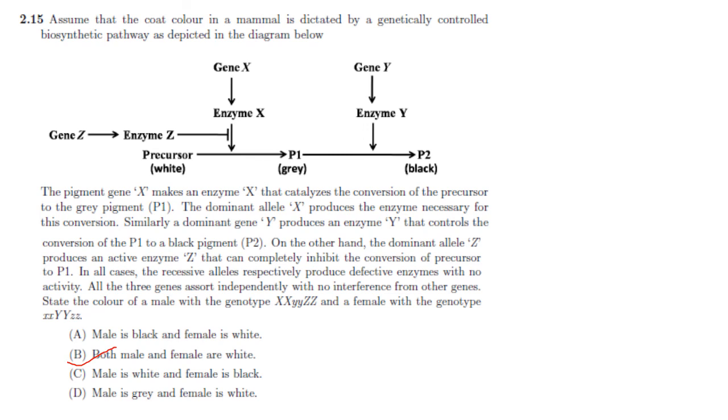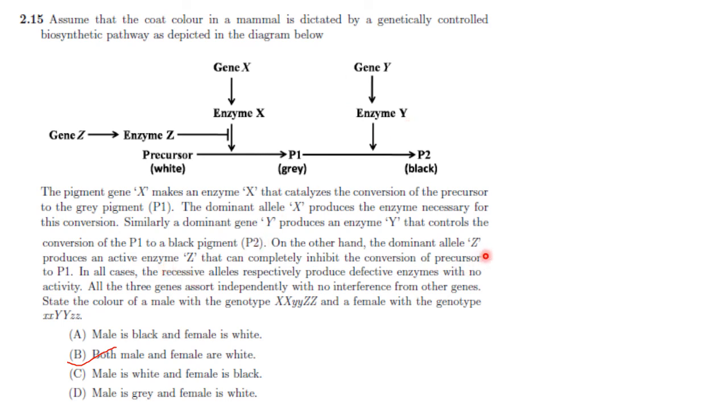So gene X produces an enzyme X that is required for the conversion of this precursor to P1. Similarly, the dominant gene Y produces the enzyme Y that controls the conversion of P1 to the black pigment. So for P1 to get converted to P2, the gene Y producing the enzyme Y has to be present.